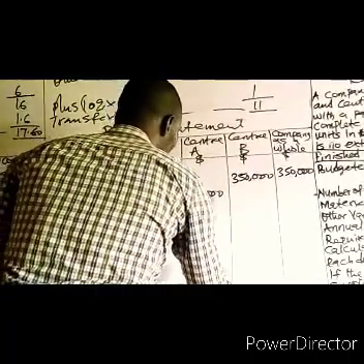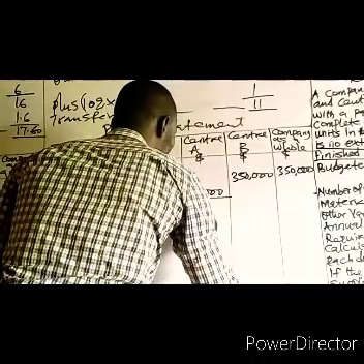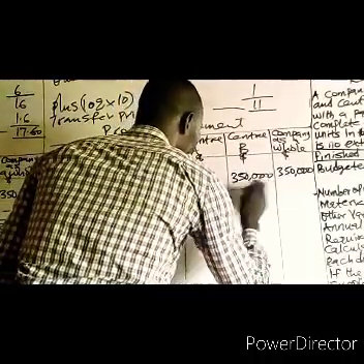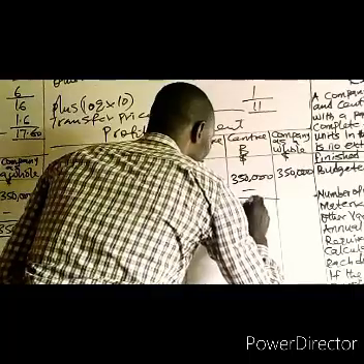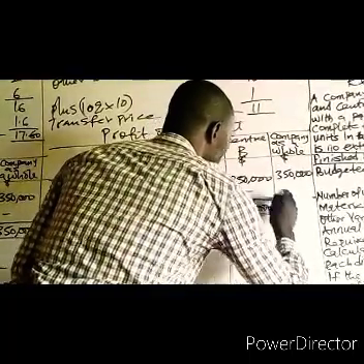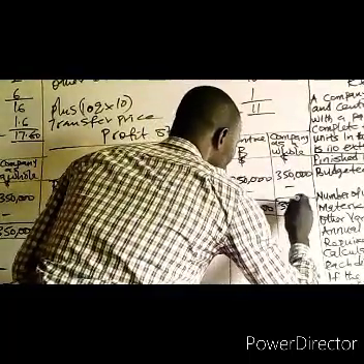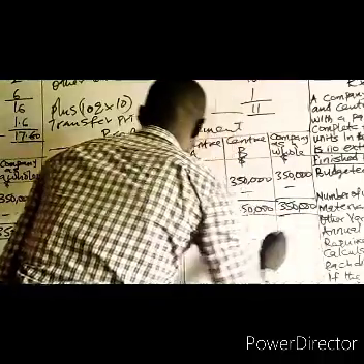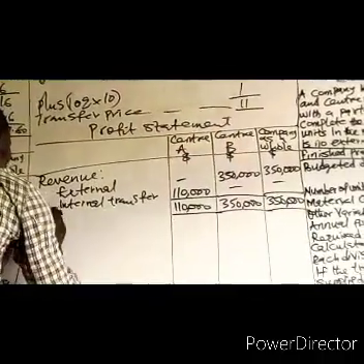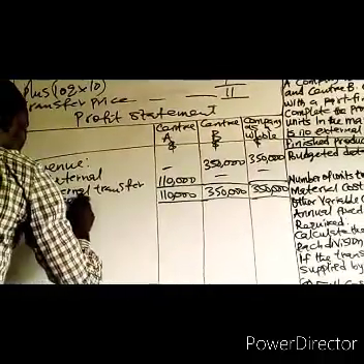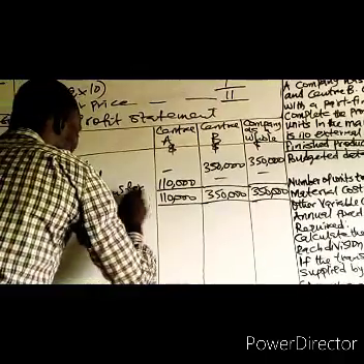So when you sum it up, you have the total revenue. Then you have $350,000, and then you have $350,000. That is the total revenue. Let me have it as 1.